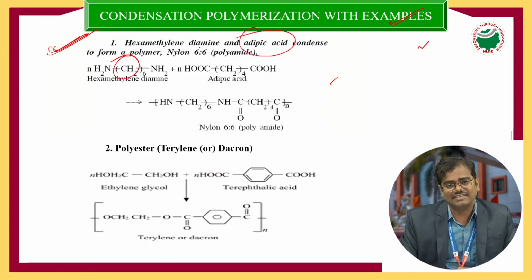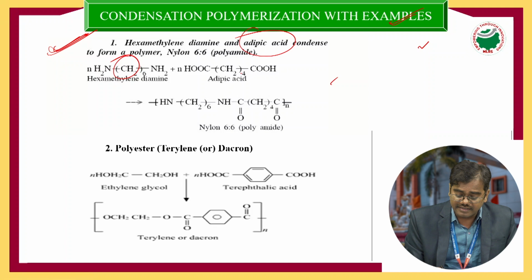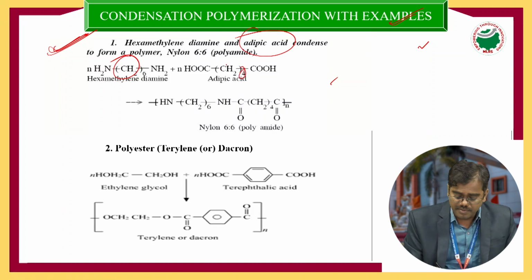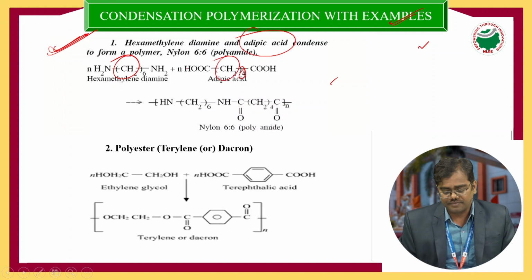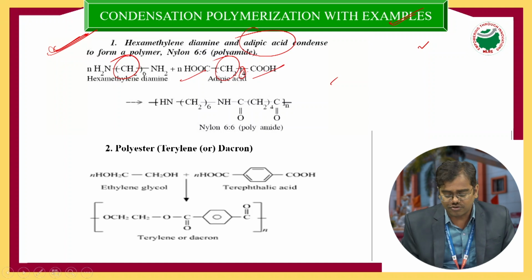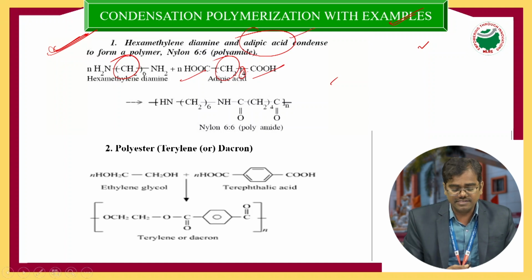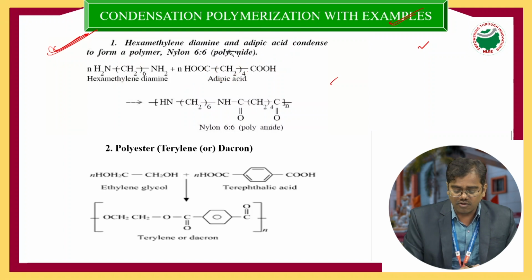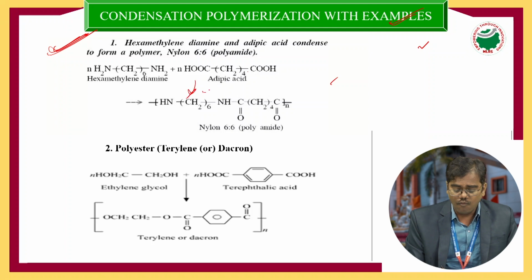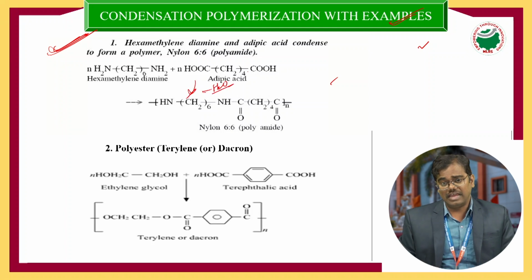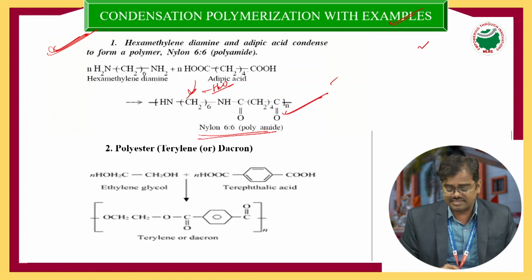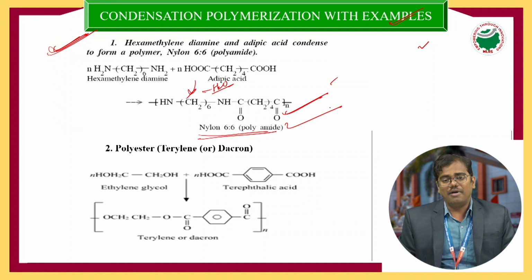Another monomer is adipic acid, which is nothing but tetramethylene dicarboxylic acid. Tetra means 4 methylene groups CH2. These two monomers undergo condensation polymerization by the elimination of water molecules, and finally lead to the formation of nylon 6,6, which is also called a polyamide.